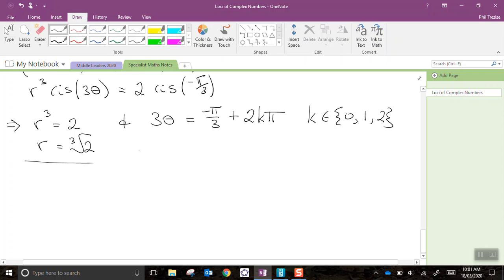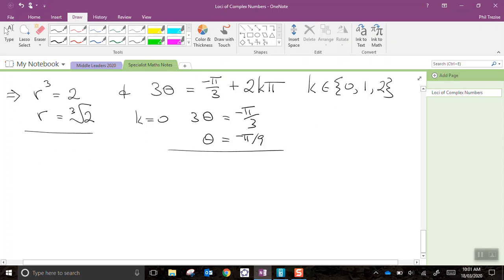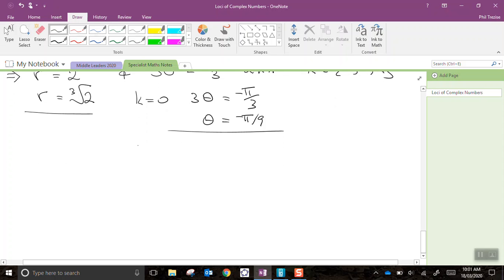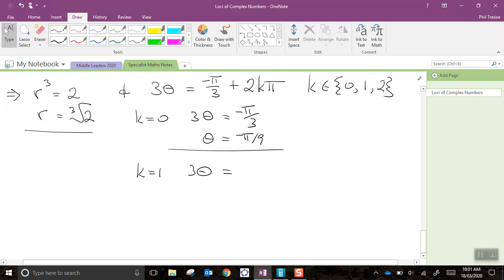Now how will this play out? Well, first we have to let k equals 0. We would have 3 theta equals negative pi on 3, so theta is negative pi on 9. That's our first argument. If k equaled 1, 3 theta would be negative pi on 3 plus 2 pi.